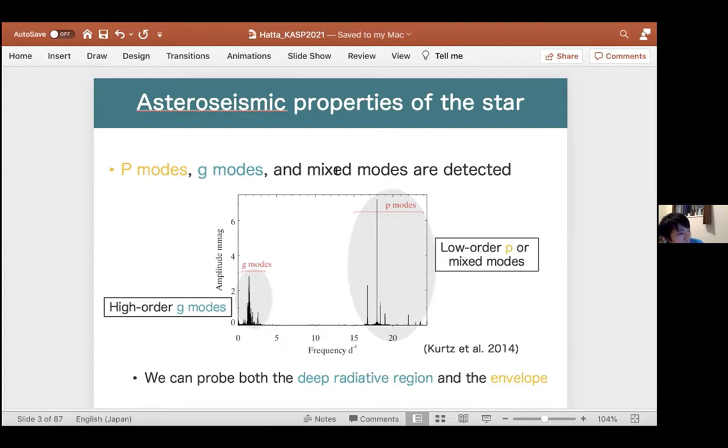And here is an amplitude spectrum of the star obtained by Fourier transforming the Kepler light curve. It is clearly seen that in the low frequency region there are many g mode peaks, and in the high frequency region we see p mode peaks very clearly. The important thing is that using these modes, we can probe both the deep radiative region and the envelope.